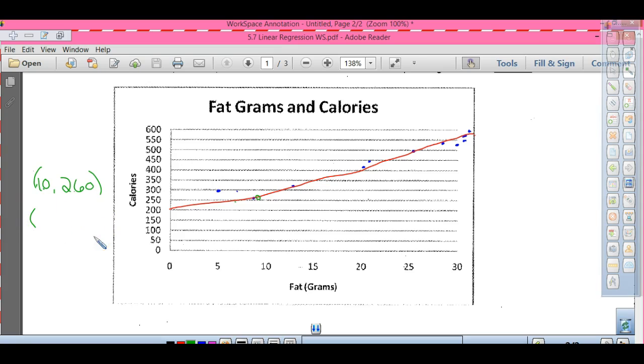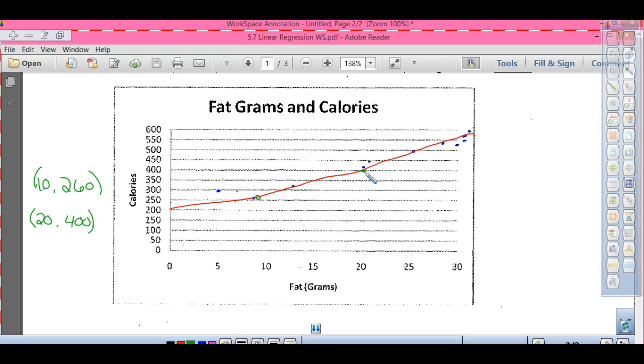And then we need another point. Maybe 20 and 400. Guys, it's right on that line. If I'm going at 20, right here, it's right on the 400 line.